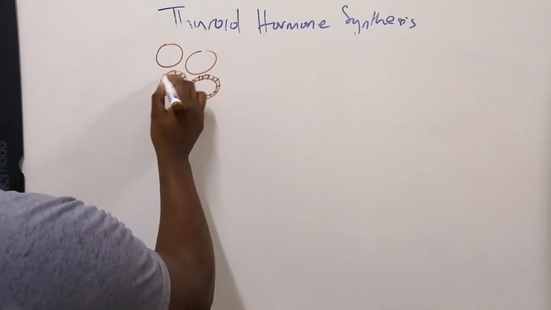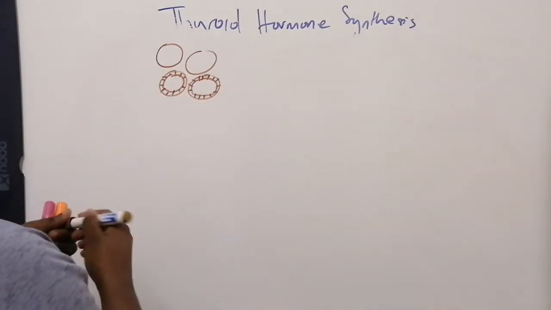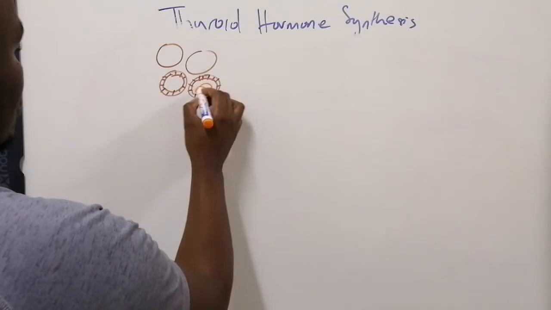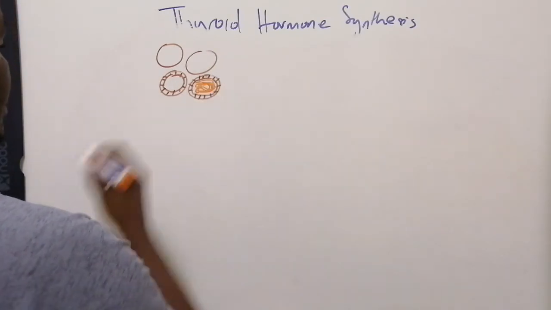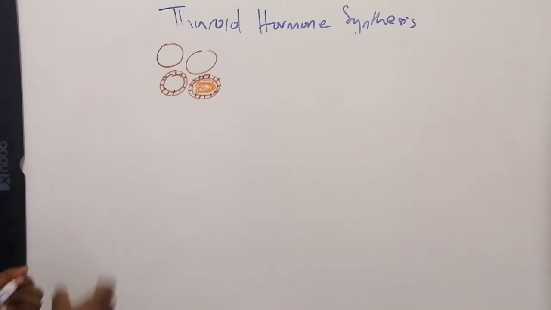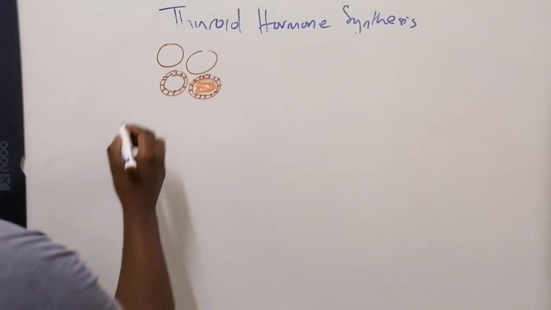And we said that inside of those cells there is what is called a colloid inside there. And so we said we're gonna take 3 cells and zoom to see how these thyroid hormones are actually produced.